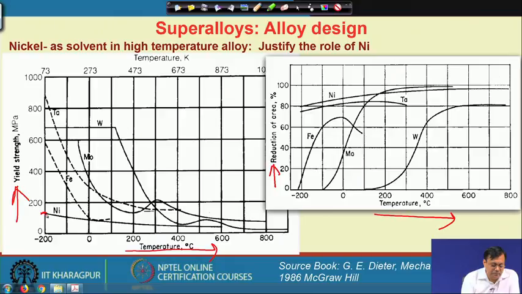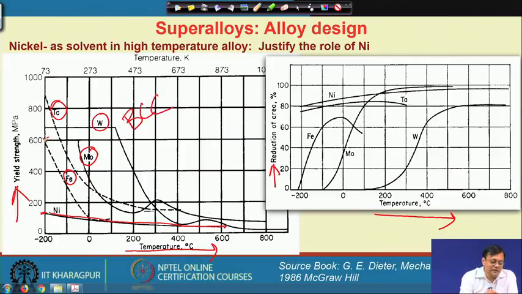So, here nickel may have a low yield strength, however, it maintains the strength, even as a pure metal, up to 600. Whereas, if we think about molybdenum, tungsten, tantalum and iron, you see there is some common thing between them, that is basically that they are BCC elements.